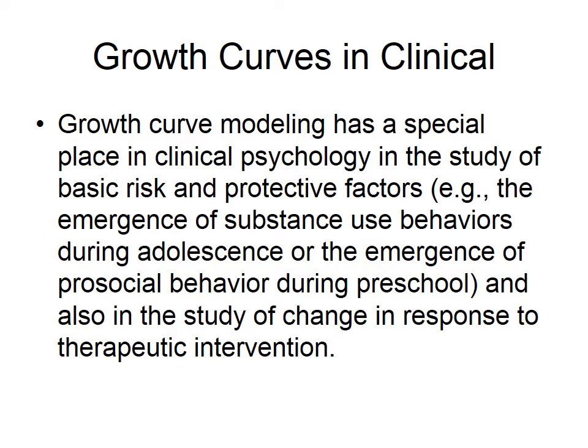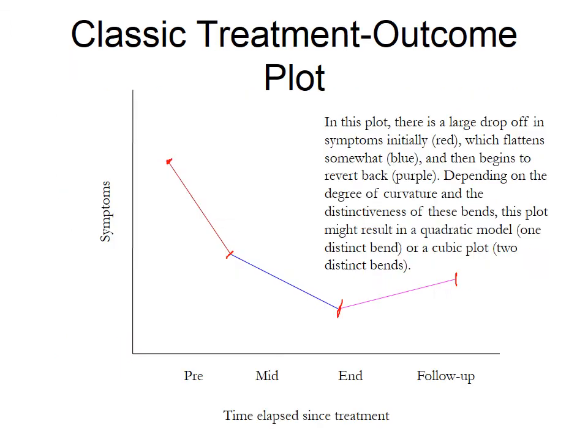A final relationship is change across treatment. This is a clinical study where we see people's symptoms go down across treatment. However, it's not a straight line relationship. People start off with a high amount of symptoms, and at the beginning of treatment their symptoms go down quite quickly. They're getting a lot of gain right from the beginning.